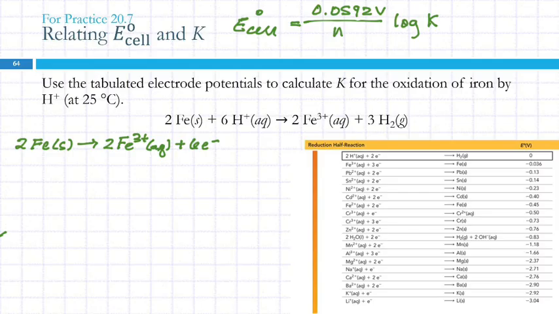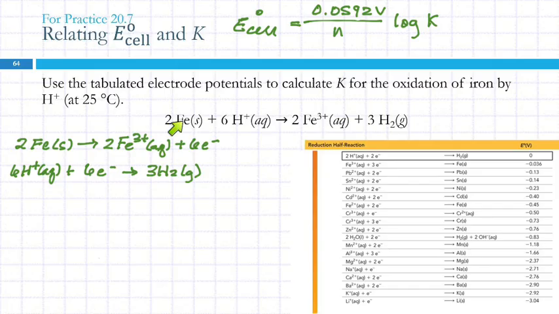And then we've got 6 hydrogen ions. That's going to have some electrons associated with it, going to 3 H2 gas. This side 0 again. Without electrons, this is plus 6. So we need 6 negative electrons in there. Everybody okay with that?